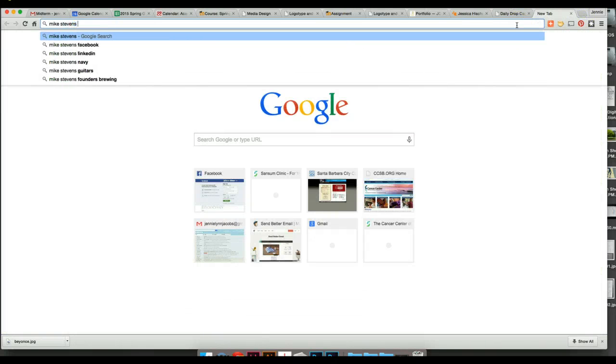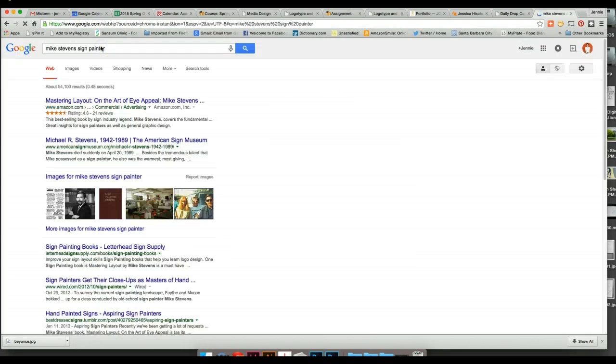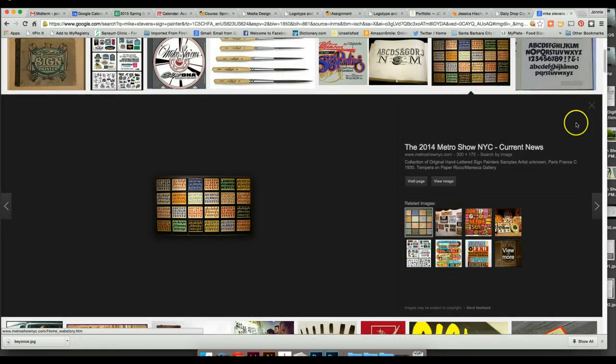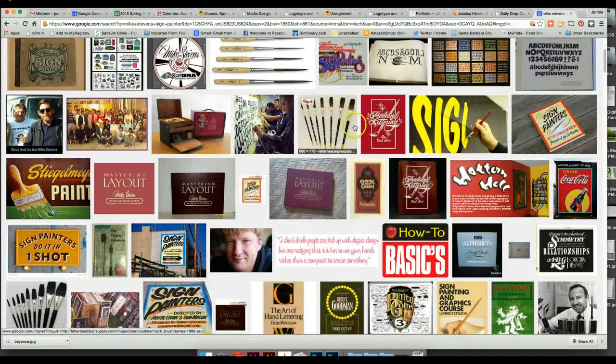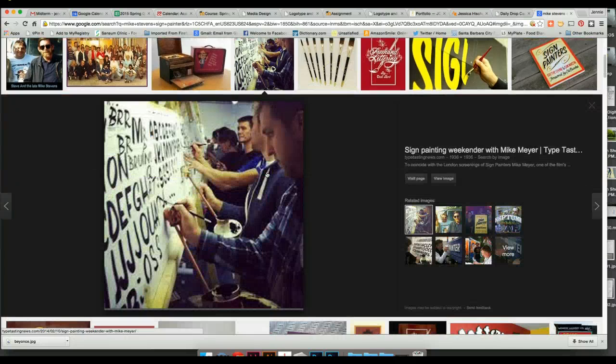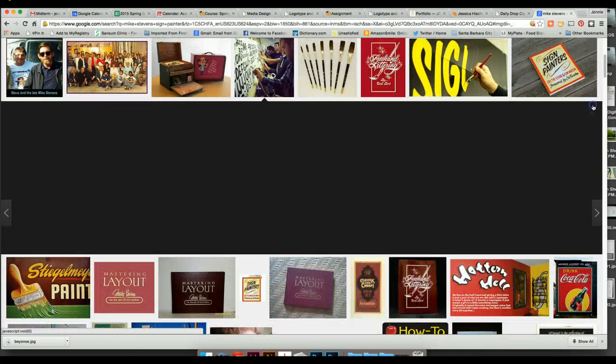Mike Stevens signs. Oh yeah, here's some cool stuff. He wrote some books on hand lettering in which he analyzed the positive and negative aspects of it.